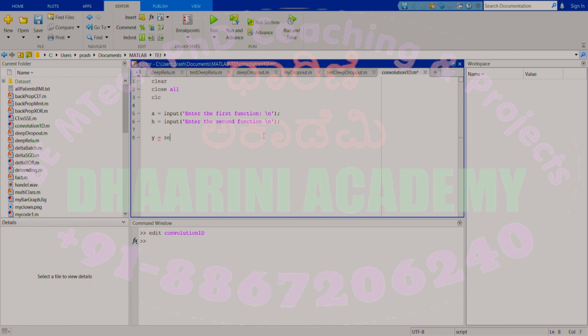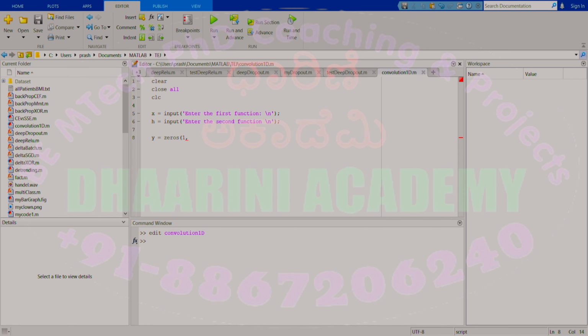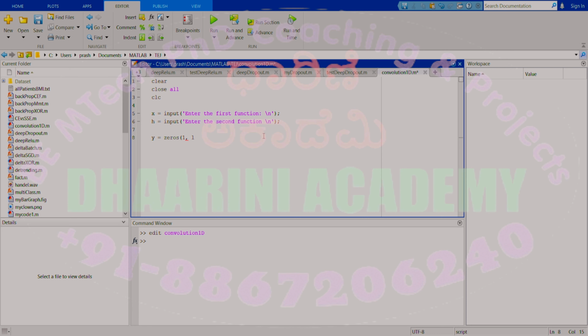Okay, so y is equal to, I create the zeros. I know how to allocate and initialize an array with the zeros. So zeros of one row, number of columns equal to the number of space required. What is that? It's L1 plus L2 minus 1, where L1 is in this case the length of your first sequence, that is x, correct?